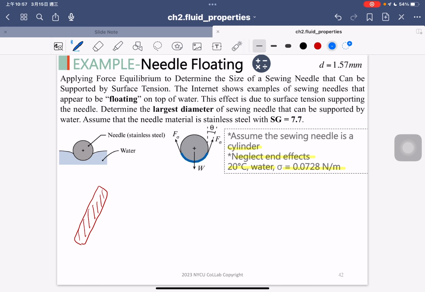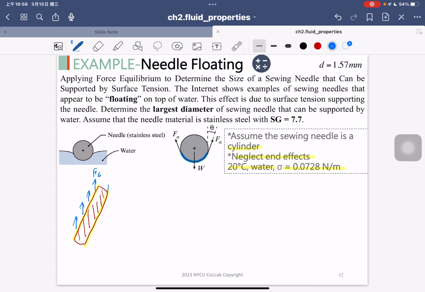I know that along the water surface, this is the contact interface with the water surface. I put the needle on the surface of the water, and there should be some contact interface. We will have the surface tension force, right?